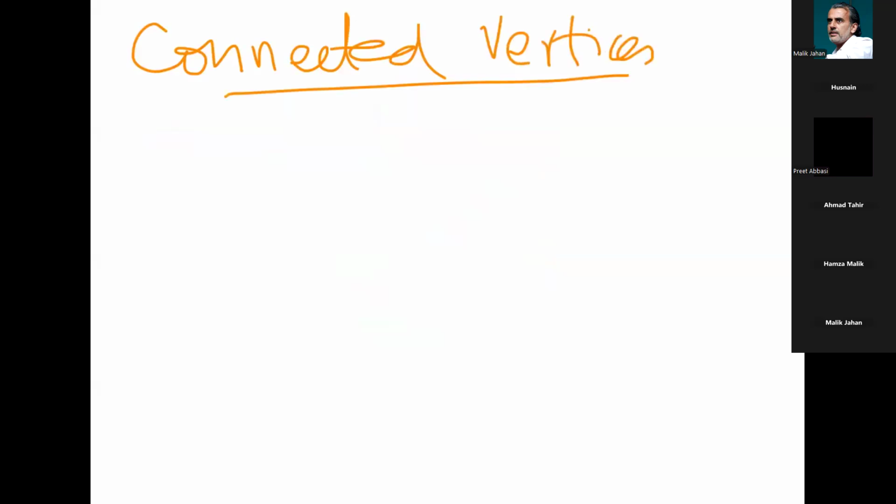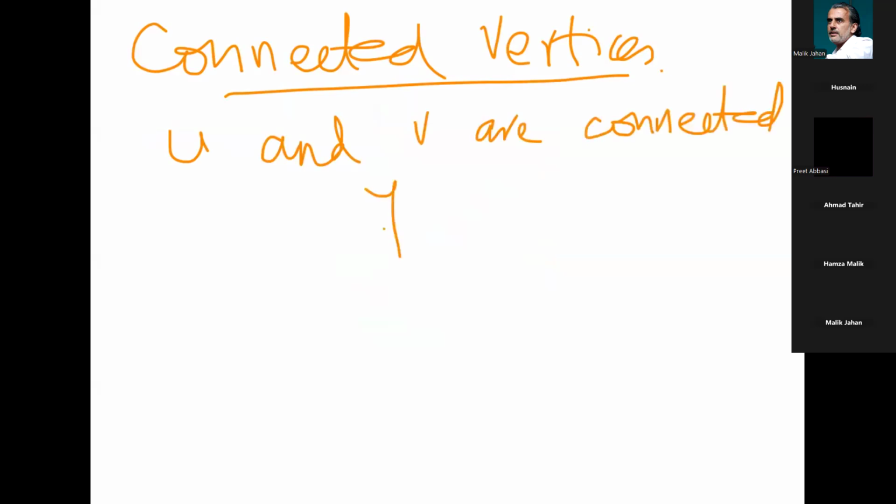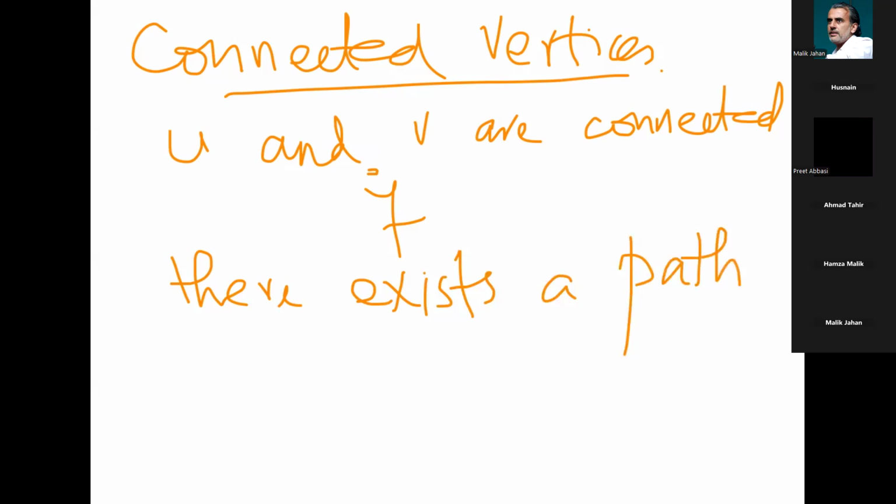Two vertices U and V are connected if there exists a path between U and V. We know path, right? So U and V are connected if there exists a path.